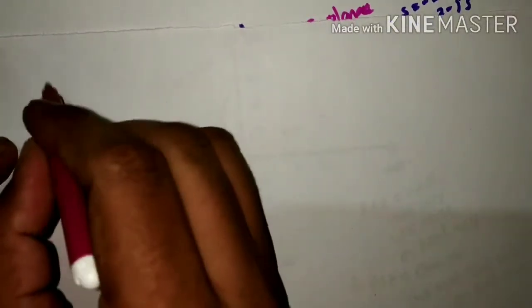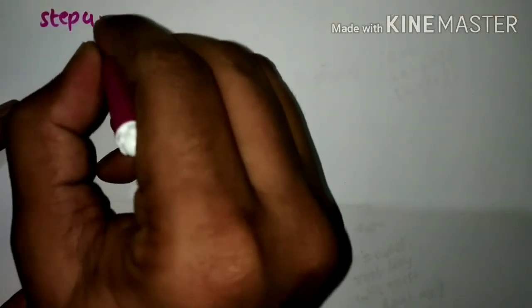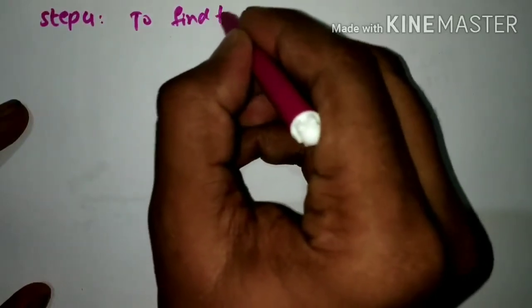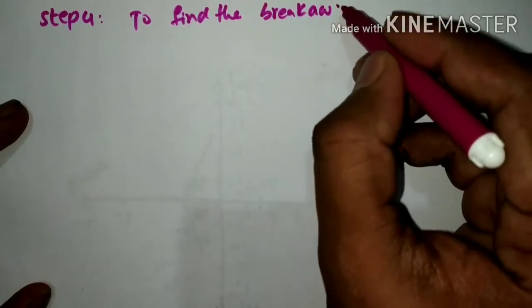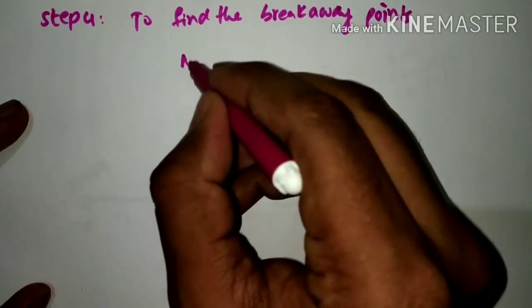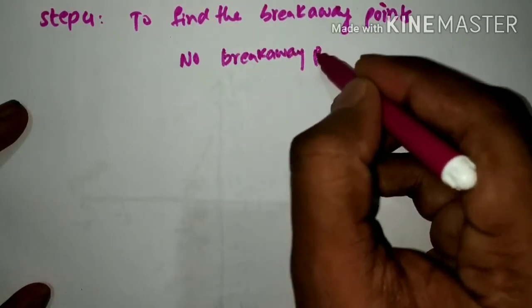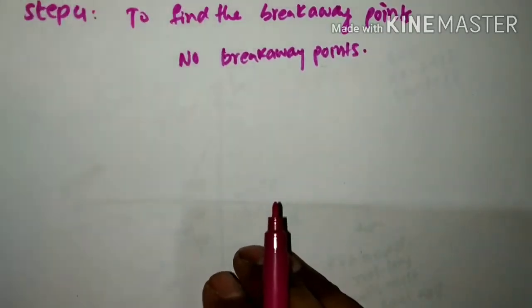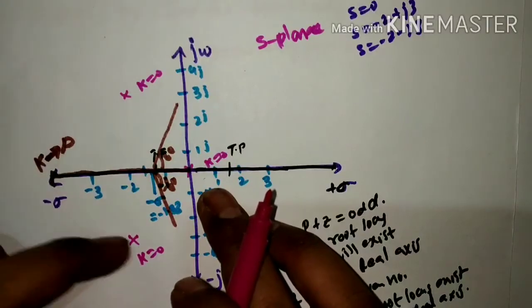You can see that this root will go in this direction, this root will go in some other direction, and this root in yet another direction.